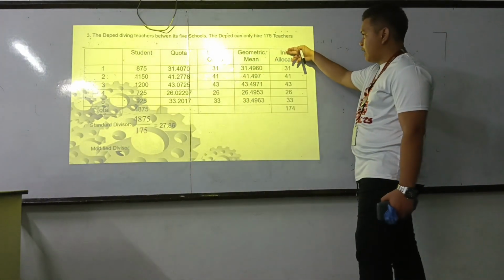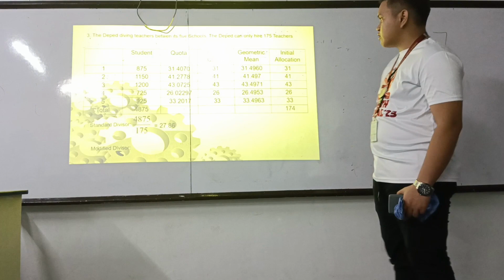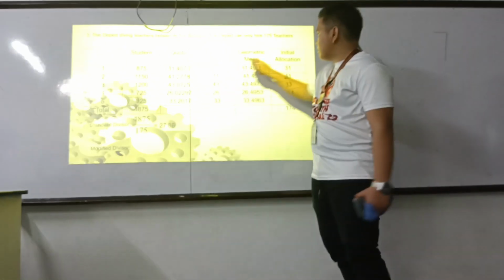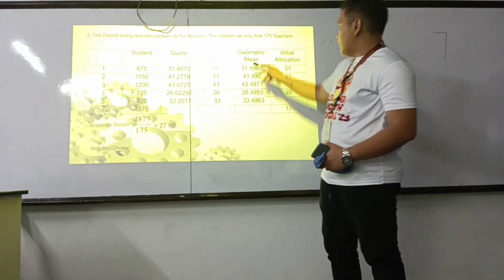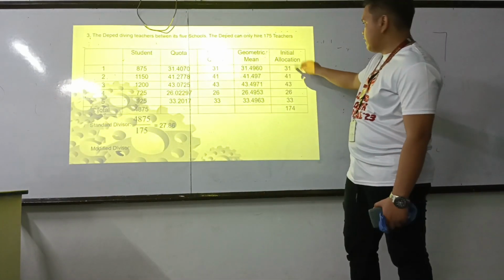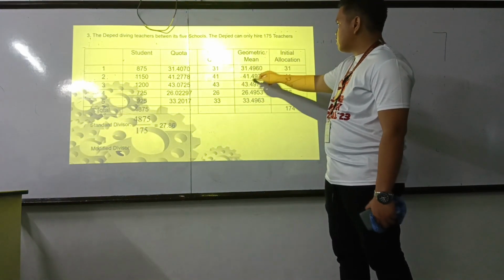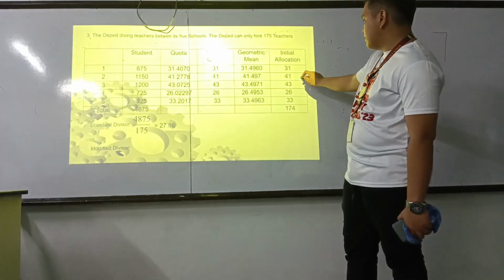So let's do the initial allocation. We say this geometric mean is higher than the quota, so it will be the same. The geometric mean here is also higher than the quota, so it will be the same.